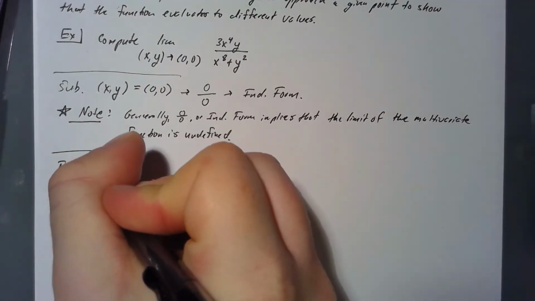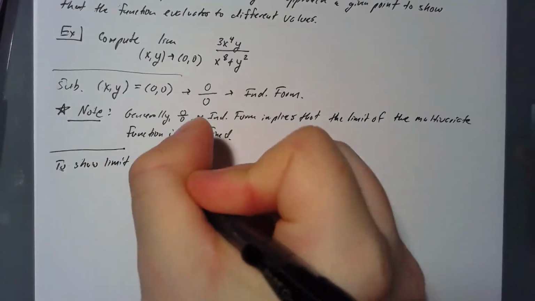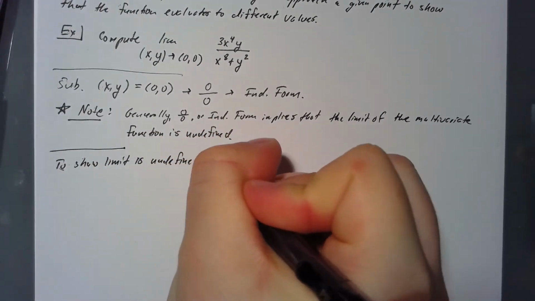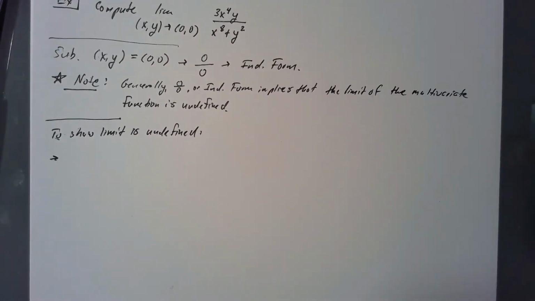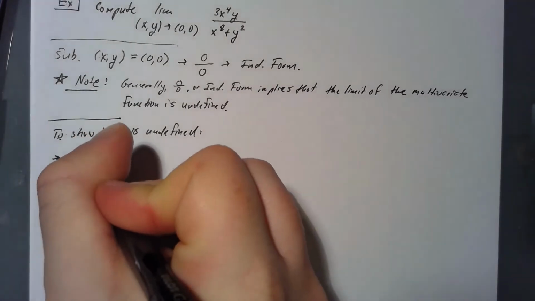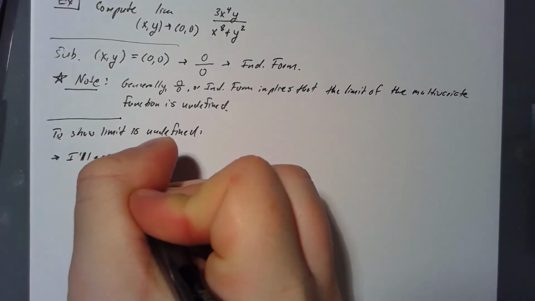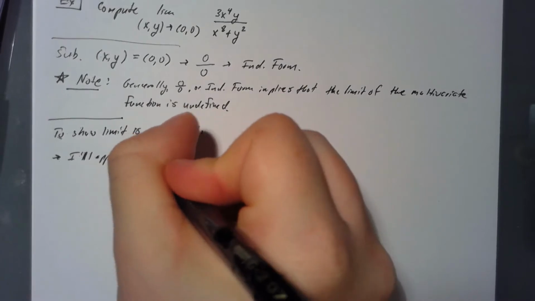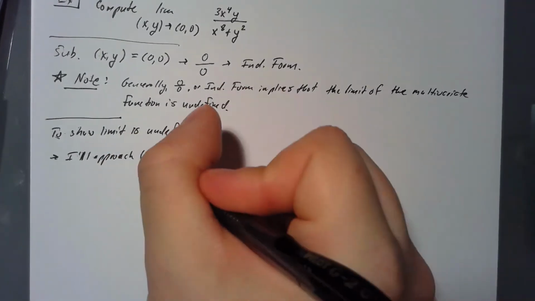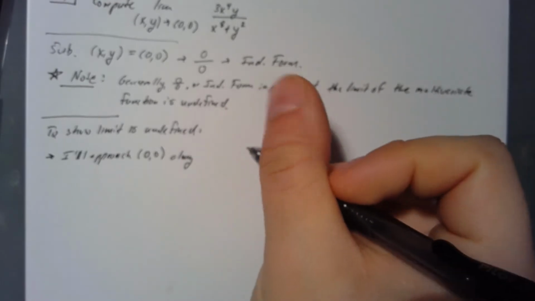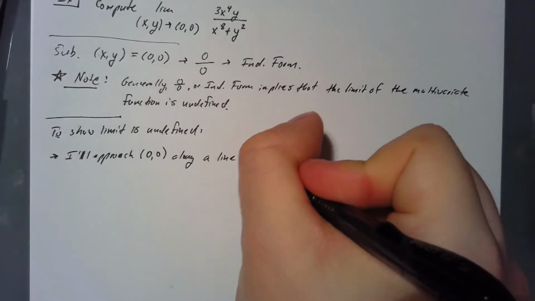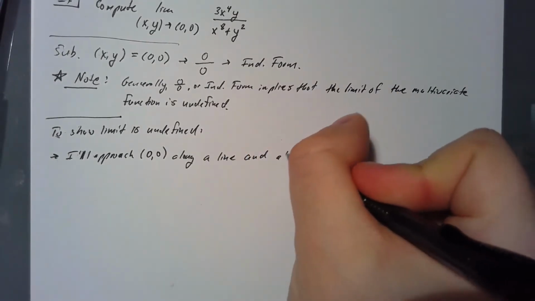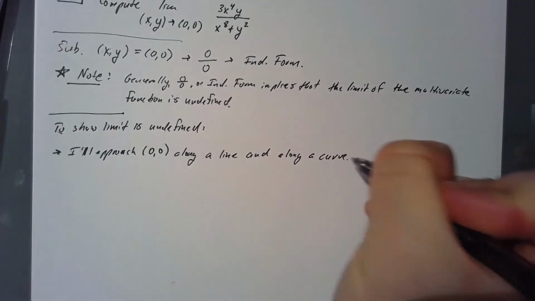All right, so here we go. To show the limit is undefined, here we're going to do this. I'm going to approach 0, 0 along a line and along a curve.